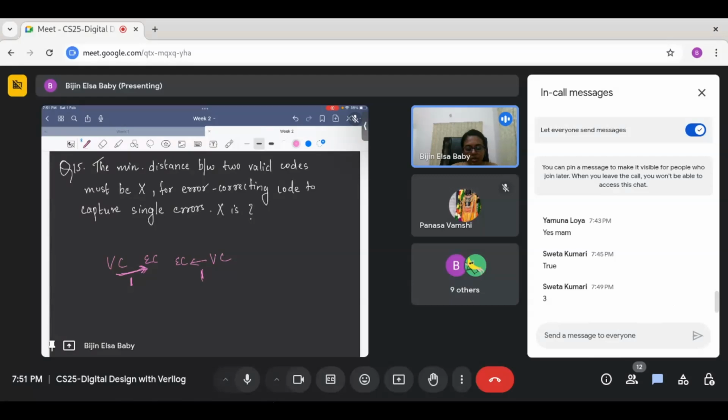So both the error codes cannot be the same. So there will be a distance of 1 between both the error codes. So the total will be 3.